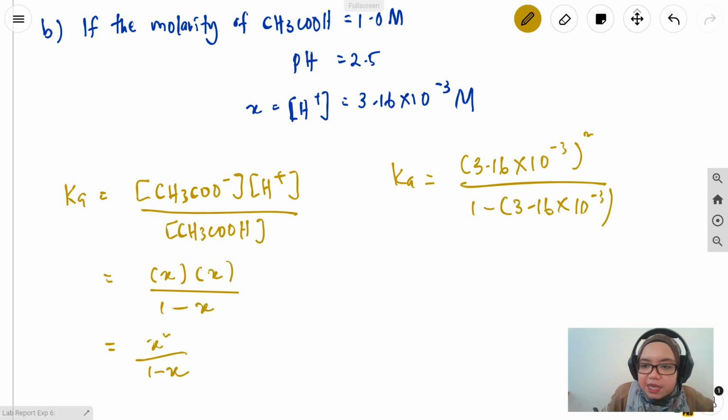So you will get the Ka is equals to 1.0 times 10 to the power of negative 5.